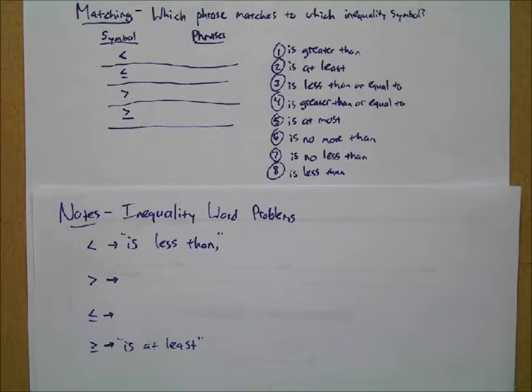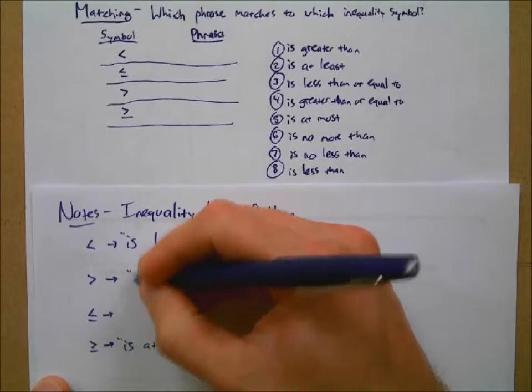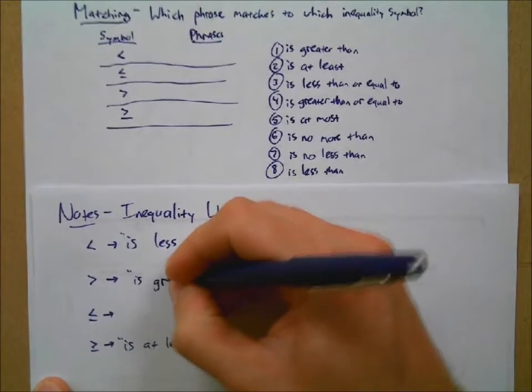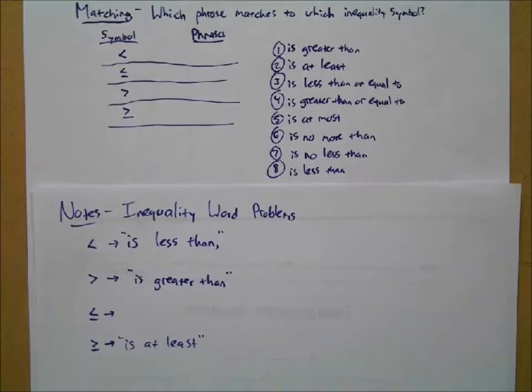What's this symbol mean? Is greater than, okay? And we have that here. Okay, is greater than. I have it right there, number 1. Okay, is greater than. Does anyone think they have another phrase that goes with is greater than?